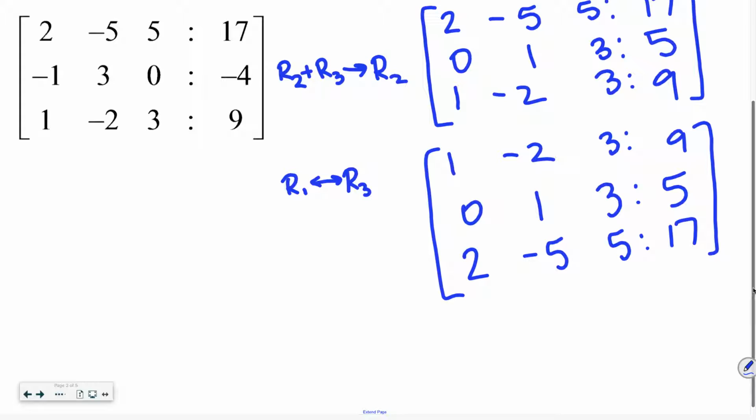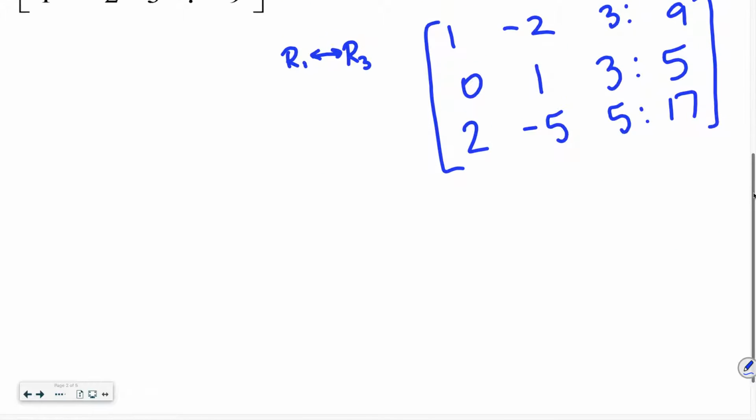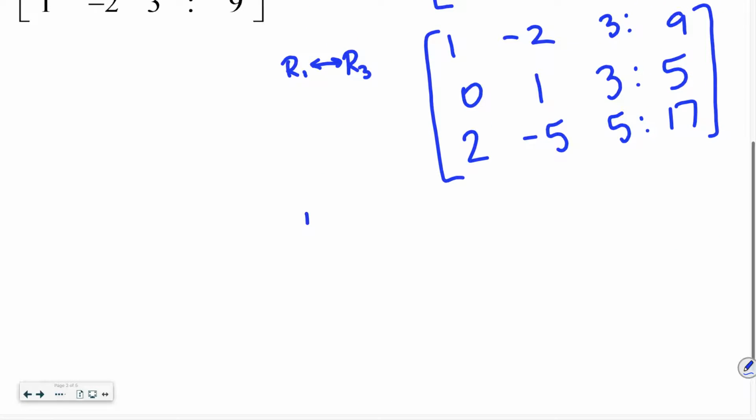So if we want to make this entry right here 0, is row 2 going to be helpful for us? Is row 1 could be helpful for us? Okay. What could we multiply row 1 by? -2. We could take row 1, multiply it by -2, and add it to row 3.